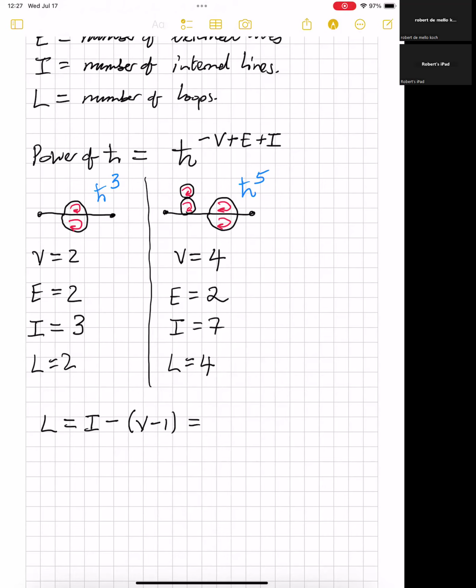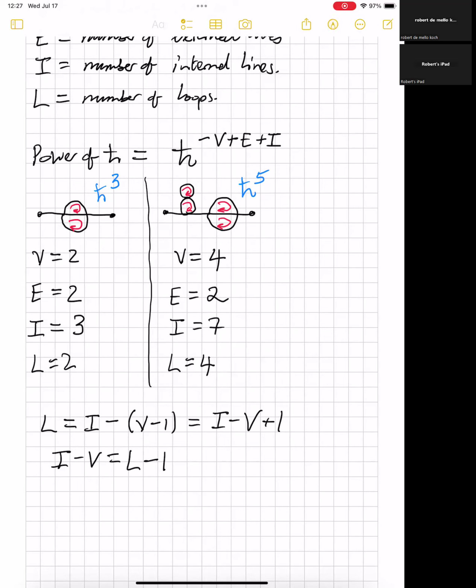And I can also write that as the number of internal lines minus the number of vertices is equal to the number of loops minus 1.